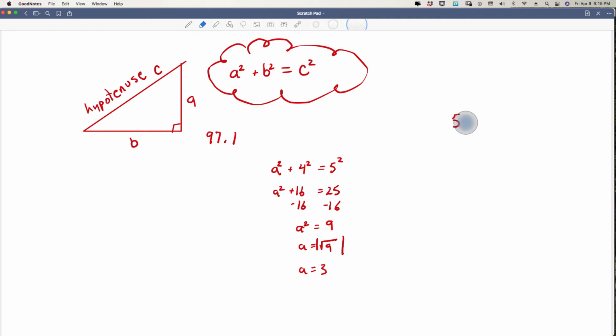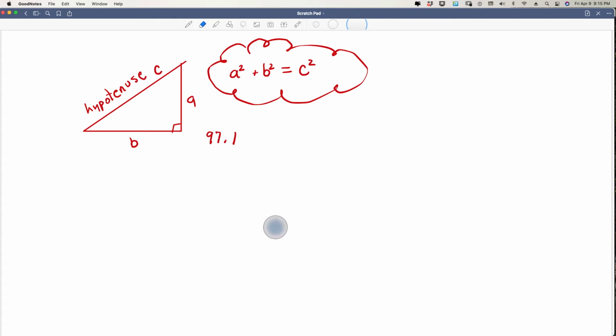All right, let's try 97.2. Sometimes you're not given something that will always work out, and this is one of those instances. In this case, A is equal to 4, and B is equal to 5, and C we don't know. So we have 4 squared plus 5 squared equals C squared.